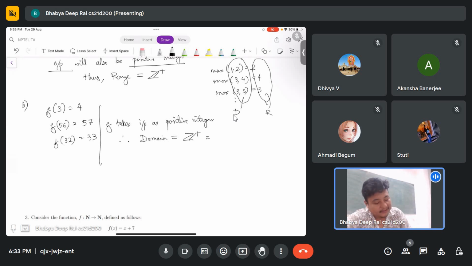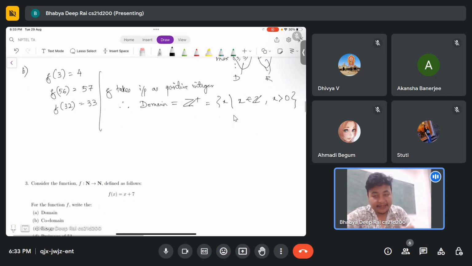Or you can also write it as all the x such that x belongs to Z and x is greater than 0. The next thing is we need to find the range.